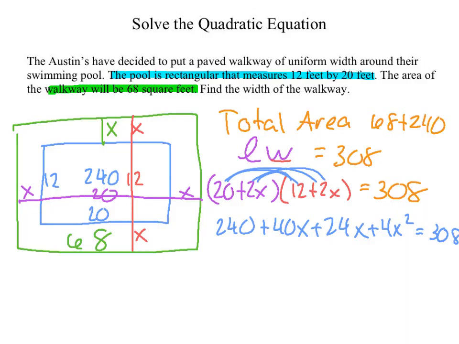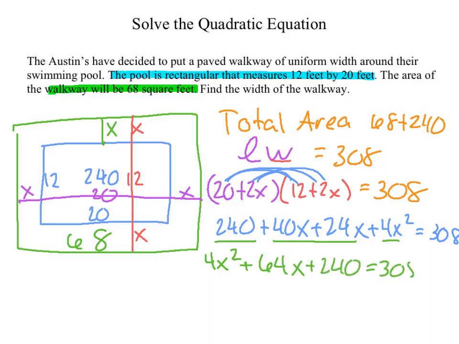Now I need to put this into standard form. So I'm going to take the 4x squared, put that first, then my x's, which is going to be 64x, plus 240 equals 308.